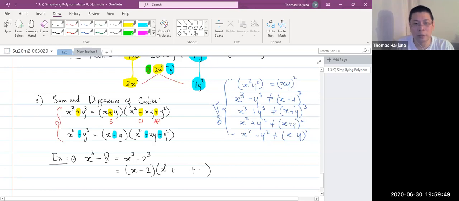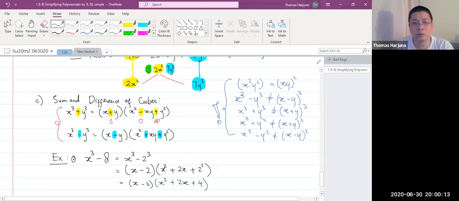The last term of the second factor is the second base squared. Now the middle term will be the product of those bases. So then I get x minus 2 times x squared plus 2x plus 4.